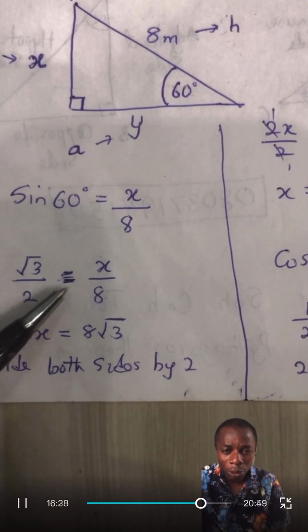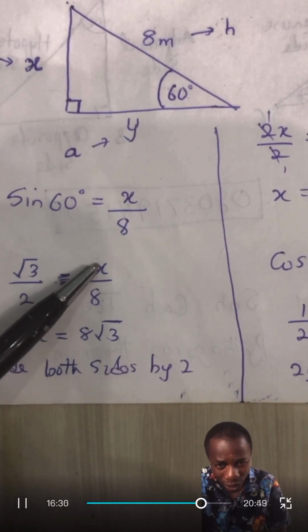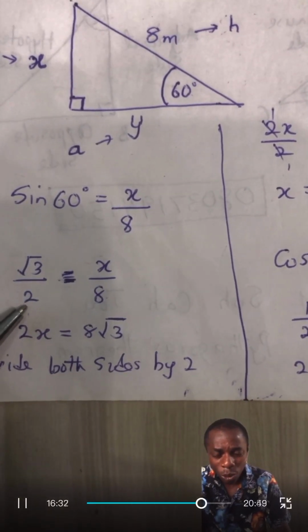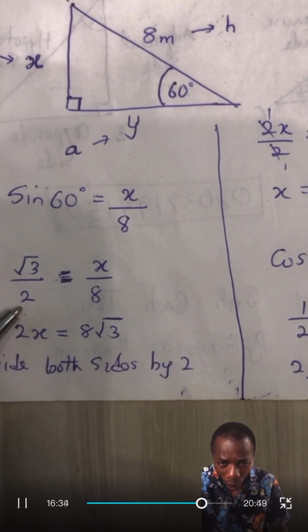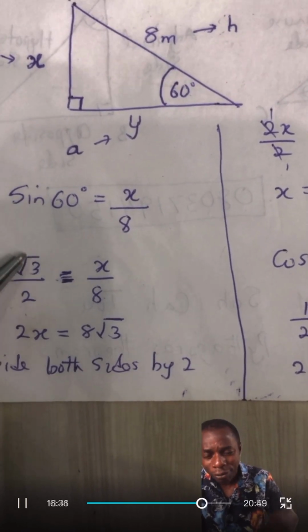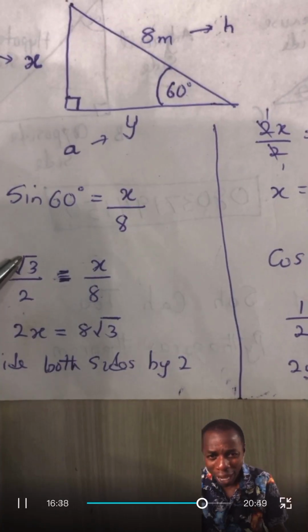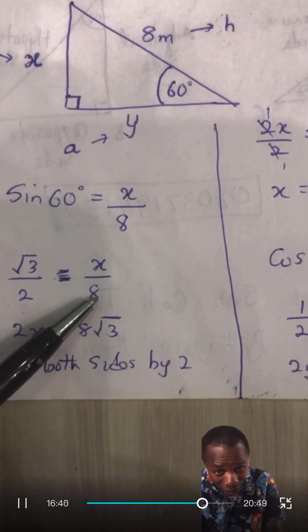Meaning the numerator you have on the right will multiply the denominator you have on the left, or the numerator you have on the left will multiply the denominator you have on the right.